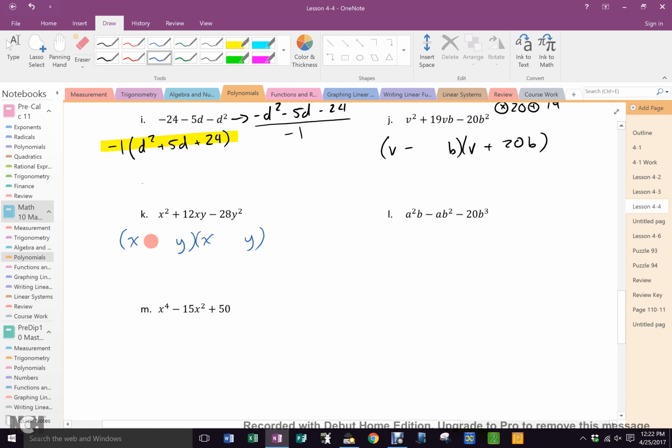Y and Y. What's going in the middle for signs? Plus and minus, because that's negative, right? Okay, what do I got to multiply to? Negative 28. What do I got to add to? 12. Is it 1 and 28? Is it 2 and 14? Yes. How? It's 14, take away 2, makes 12. Done.